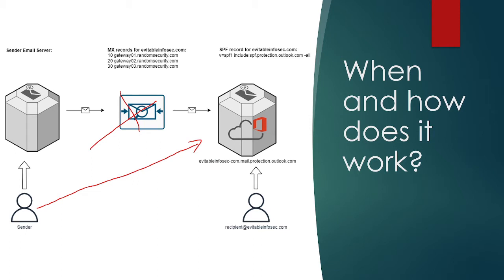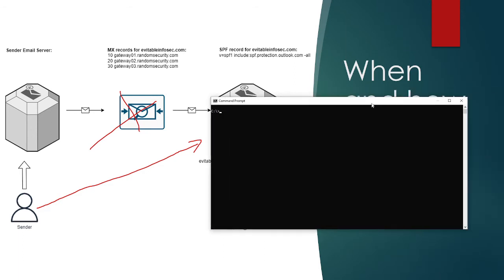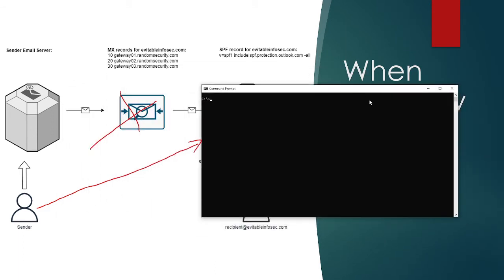We'll bring up a command prompt, and the first thing we'll want to double check is the address that we're going to be using to connect to. So let's just do a sanity check with an NSLookup, and we'll use Google. Let's check the MX record for Evitable Infosec, the domain that we're going to be sending an email to.